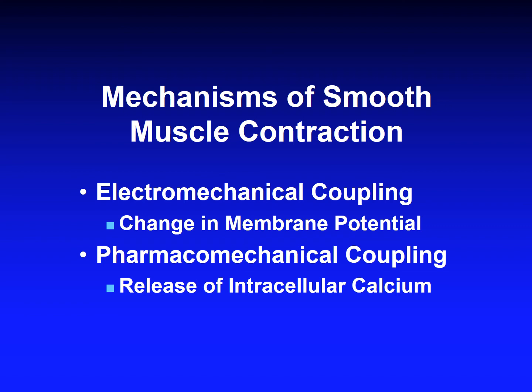Those mechanisms are either by changing the membrane potential or by releasing intracellular calcium. One, we call electromechanical coupling. The other, we call pharmacomechanical coupling. Again, change in the membrane potential or release of intracellular calcium.